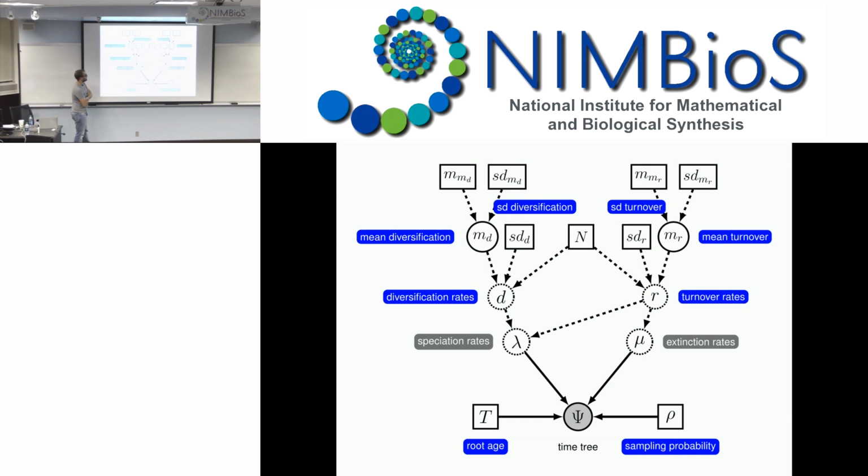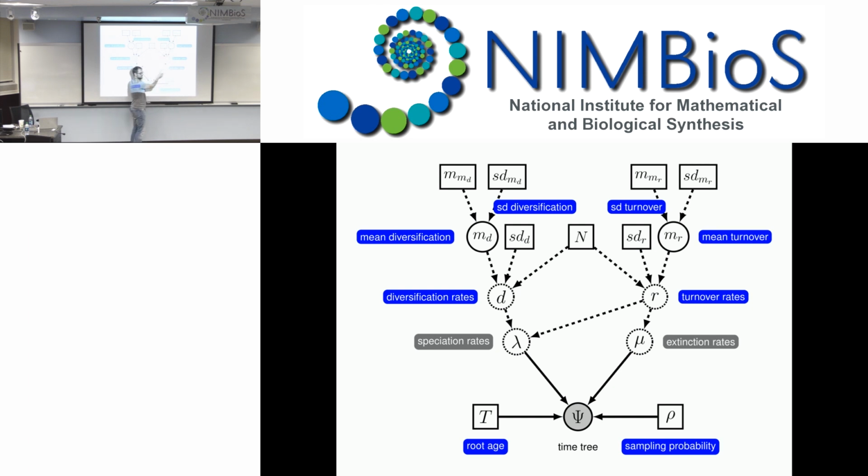So the graphical model for this type of analysis looks slightly more complicated, but not much more than the other diversification rate processes. What you specify is a prior distribution on the mean of that rate category that we're discretizing. Then you specify how many rate categories you have, and then you use the discretized distribution function, like the discretized gamma function, to specify what the actual diversification rates are in each of the categories, and you do the same for the turnover rates.